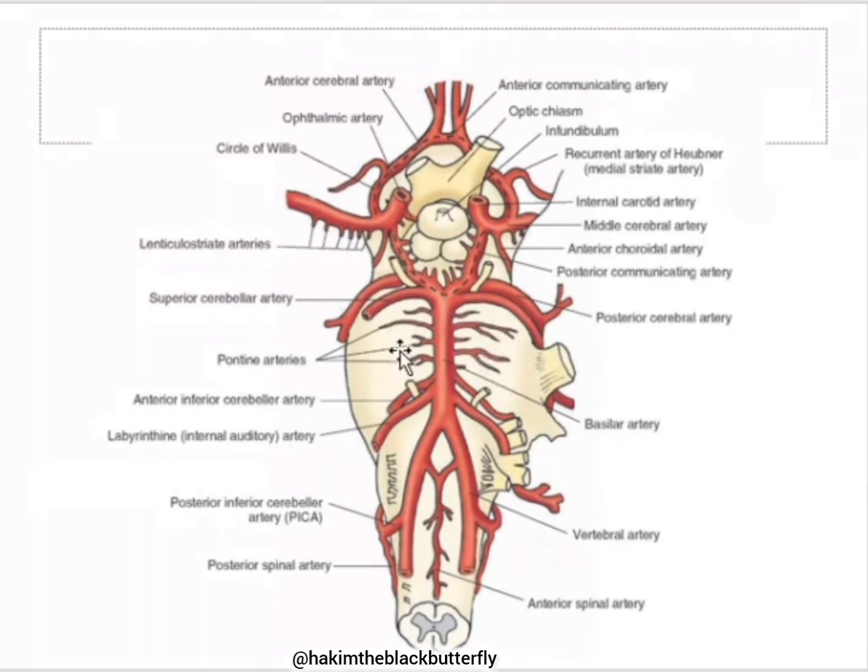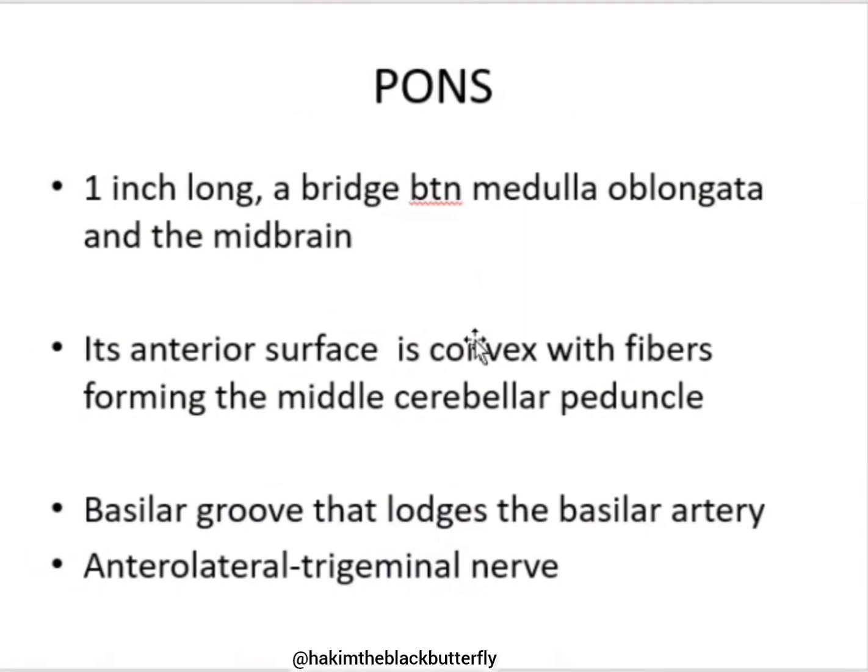The pons is between the midbrain superior to it and the medulla oblongata inferior to it. That's why the word pons means bridge. It bridges the medulla oblongata to the midbrain.